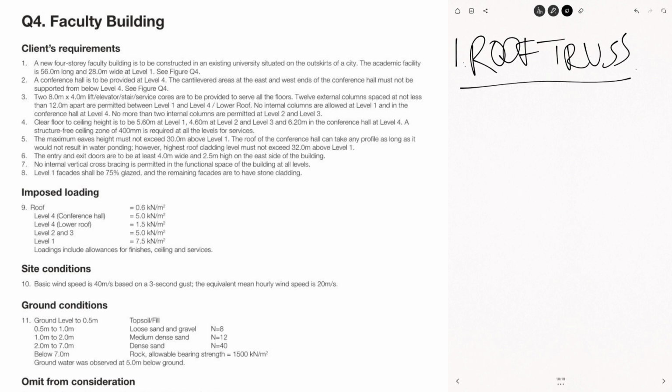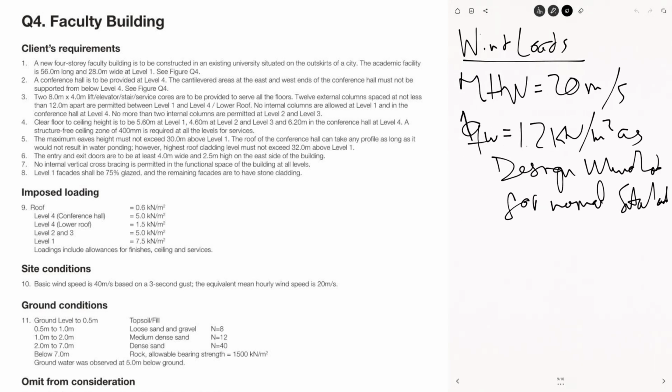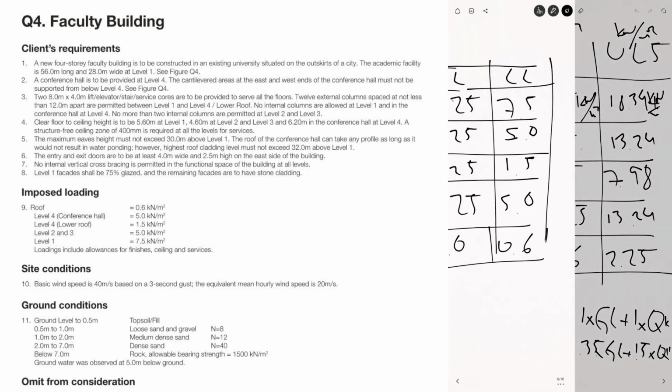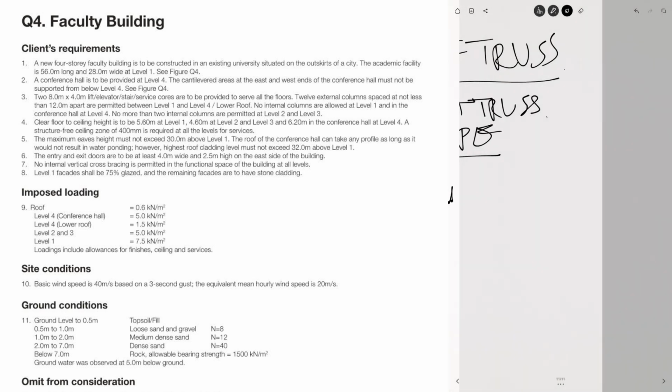First we need to design, well, we decided that it was going to be a Pratt truss, but with a slope to provide drainage for the roof. I'll redraw it here because we're far ahead now.